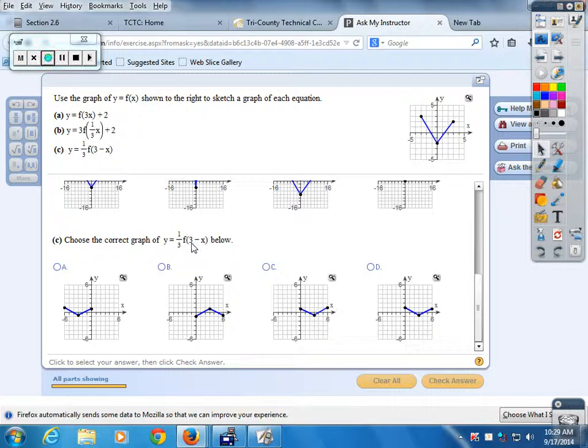Is the 3 connected to the x? Yes or no? Yeah. So that means it's what kind of shift? Horizontal shift of plus 3. Plus 3 means what? 3 to the left. Which one is 3 to the left? It looks like A.